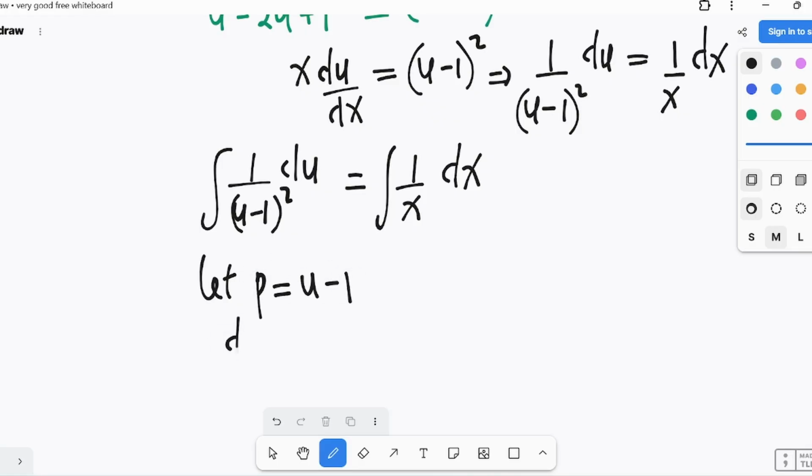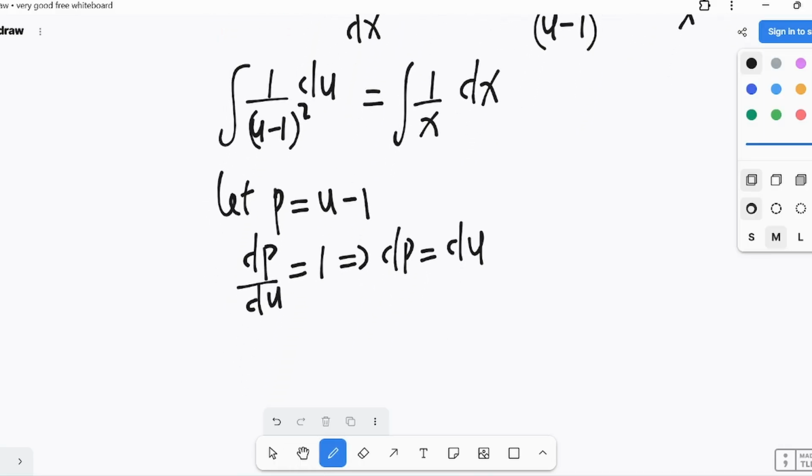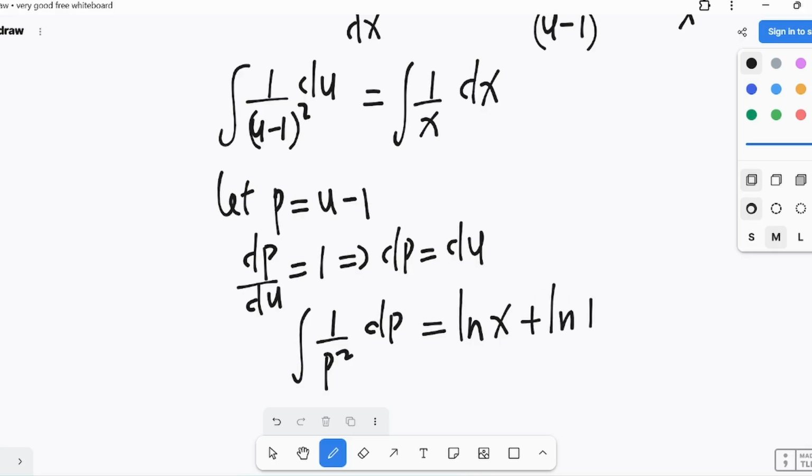So we have dp du is equal to 1, which gives us dp equaling to du. Substituting it back, we know the right hand side is easy. We shall have the integral of 1 out of p square dp is equal to ln x plus ln k.